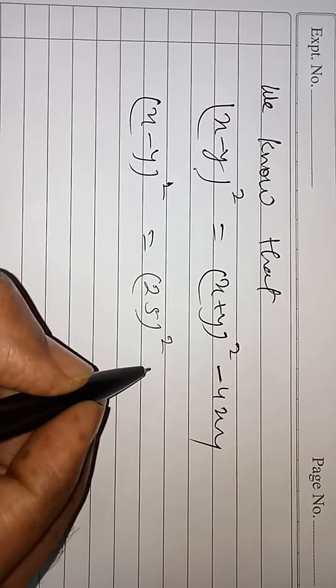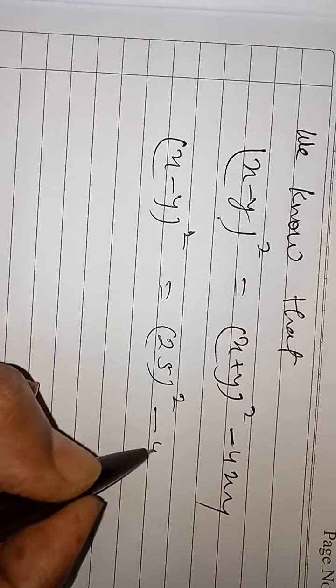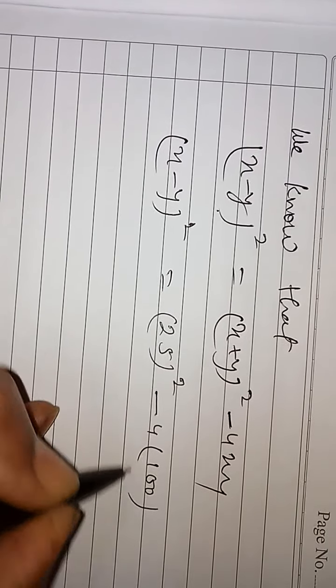25², because the value of x + y is 25 and the value of xy is 100. So in this we have minus 4, and at the place of xy we put 100.